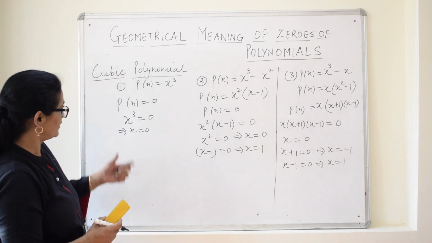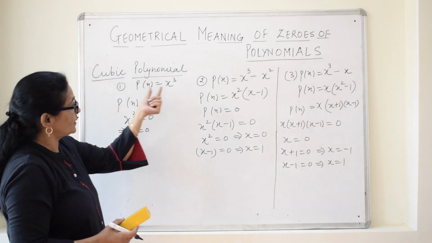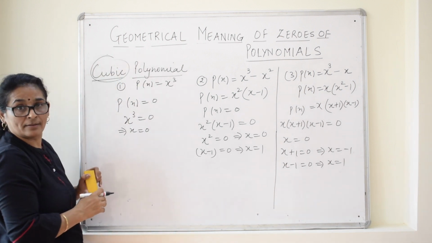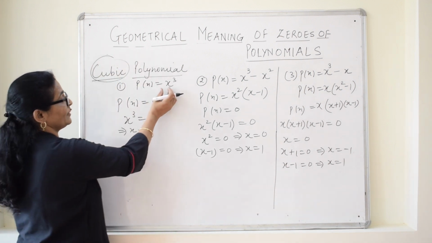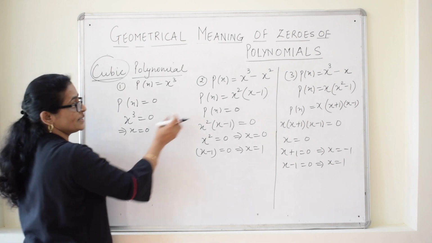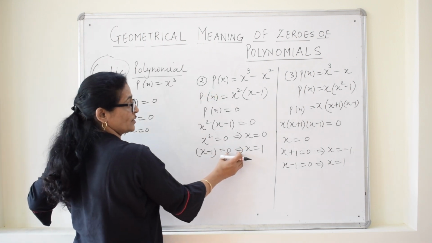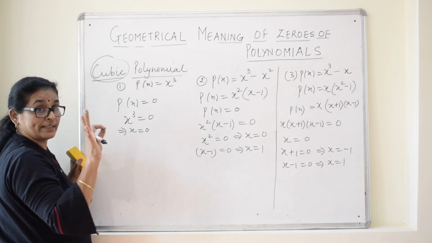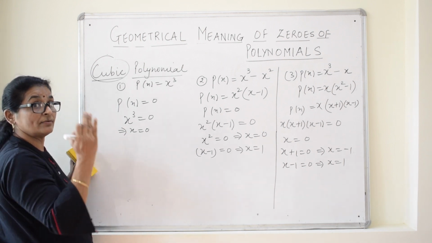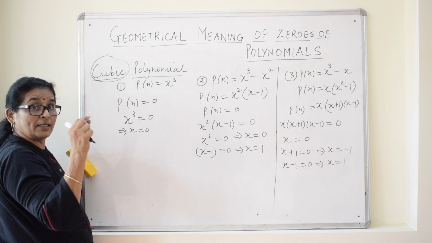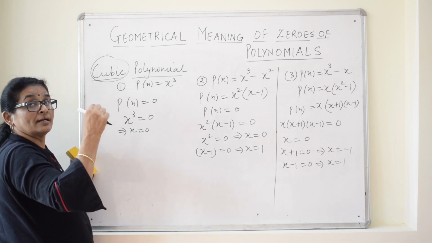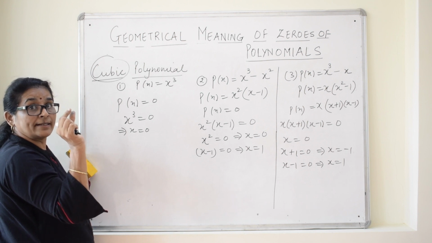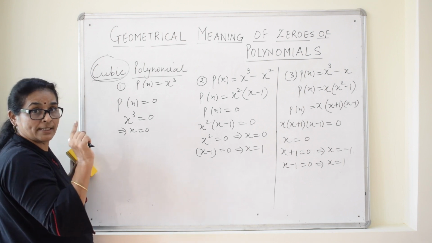So what have we observed? In all 3 cases, all are cubic polynomial. But in first case only 1 zero, second case it is having 2 zeros, in third case it is having 3 zeros. It means in the graphical representation, when we show the curve, all 3 points where it should intersect the x-axis will be coinciding, giving us one single point.